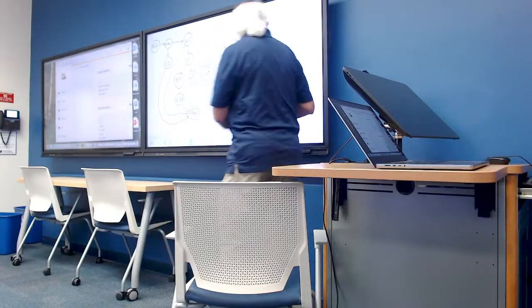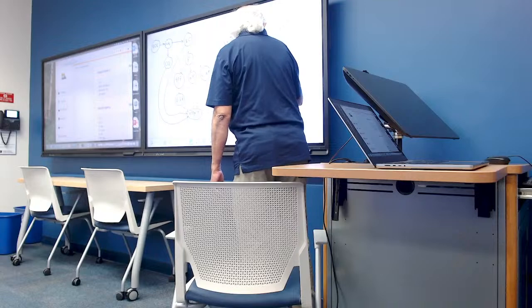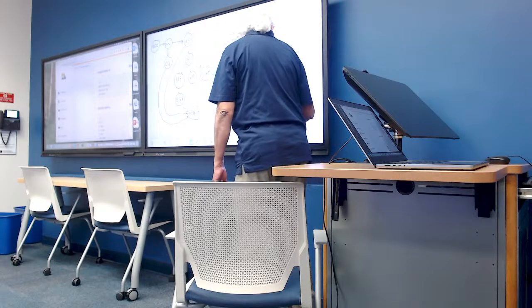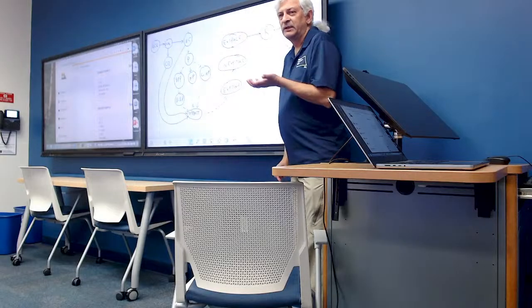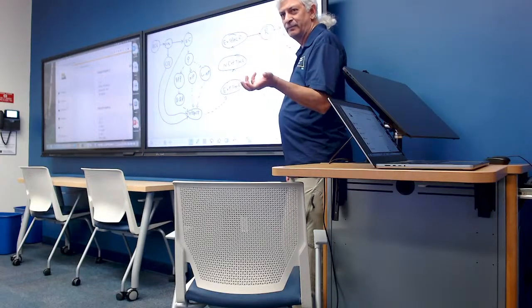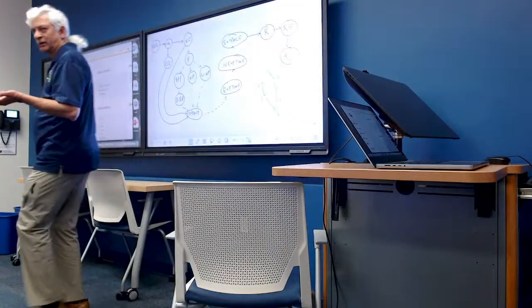So in this case, I have 1, 2, 3, 4, 5, 6, 7. So if I have something like this, how many will I have in terms of minimum and maximum? That's what we have to kind of figure out.